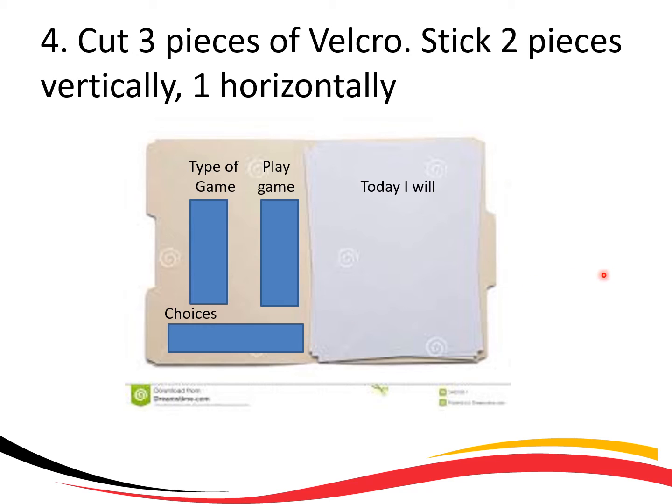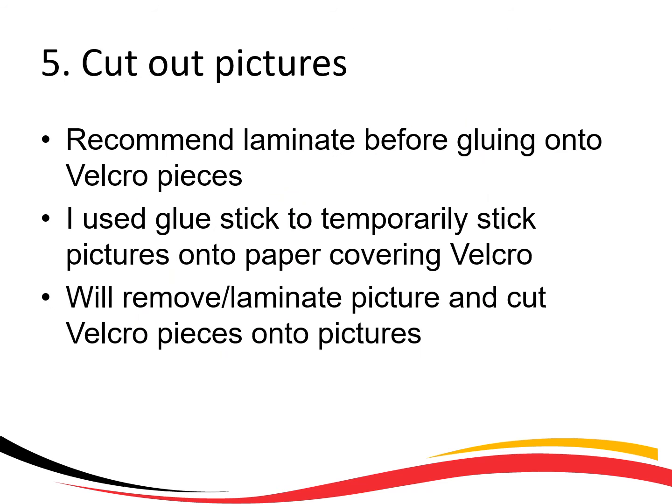And if you notice, I have incorporated the different levels of vocabulary and basic concepts to help the students of all developmental levels to understand what the topics are. So when you're cutting out the pictures, we recommend that you laminate them before gluing them onto the velcro pieces.